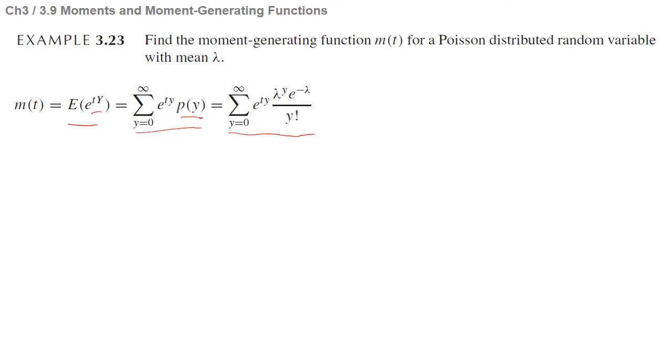So we can write it as the sum from y equals 0 to infinity of e to the ty times lambda to the y over y factorial. This e to the ty times lambda to the y becomes (e to the t lambda) to the y, and we have e to the minus lambda.